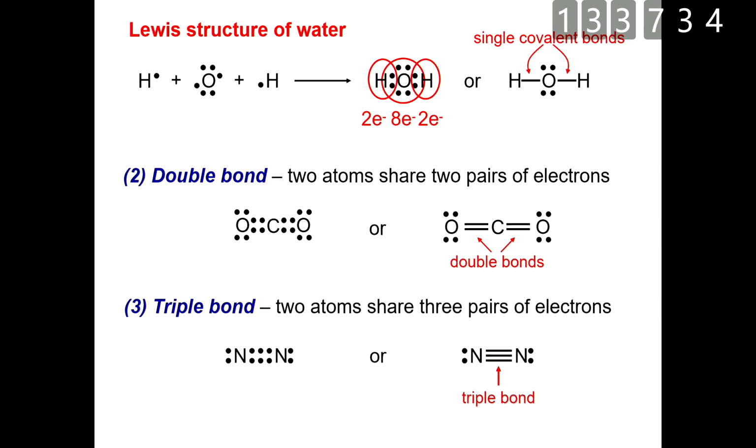So here we can see for different molecules, they may have different covalent bonds. Maybe single bond, maybe double bond, maybe triple bond.